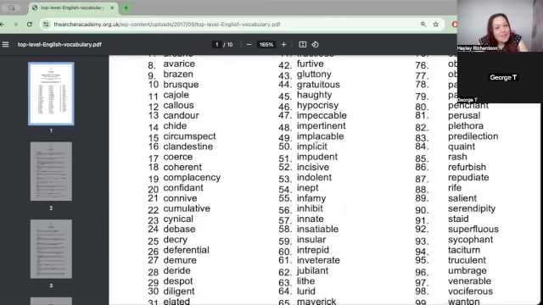Let's see, implicit. Well, I'm sure you've used this a lot, but pretty much every meaning in a poem is implicit. But if you look at the themes in different books and different texts, they will tell you what is the implicit meaning.